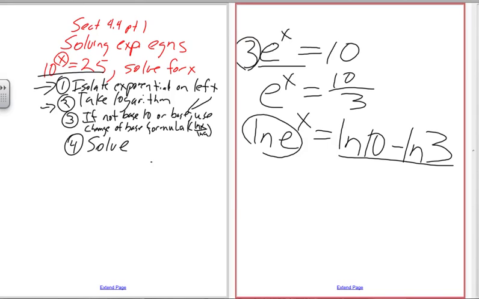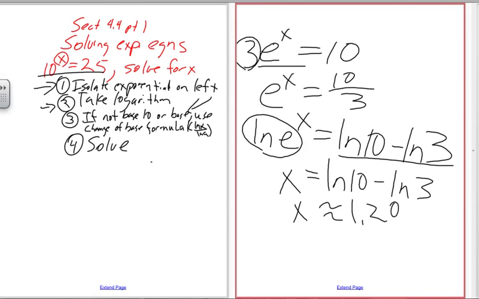And those are inverse. So I'm left with x is going to equal natural log of 10 minus natural log of 3. And I put that in the calculator, and it's about 1.204.